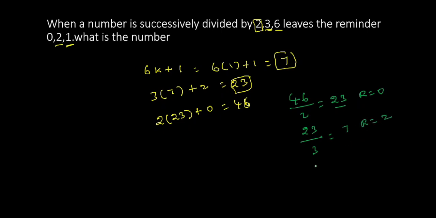Now take this quotient 7 and divide by 6. The quotient is 1 and the remainder is 1. So when the number is divided by 2, the remainder is 0. When the quotient is next divided by 3, the remainder is 2. When it is again divided by 6, the remainder is 1. So obviously this answer is right.